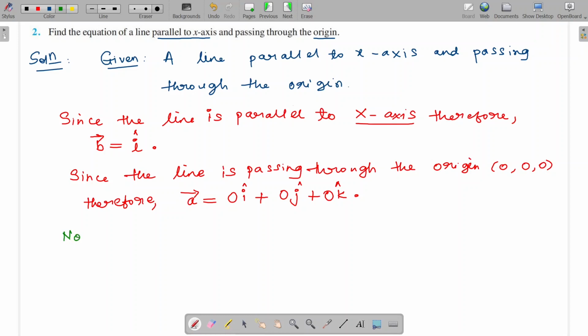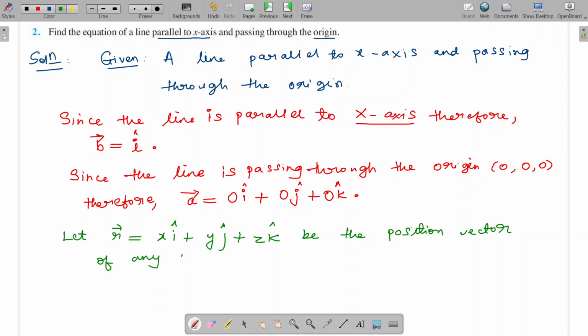Now, okay, so first of all let us take R bar also. So let R bar equal to x I cap plus y j cap plus z k cap be the position vector of any point on the line, right?